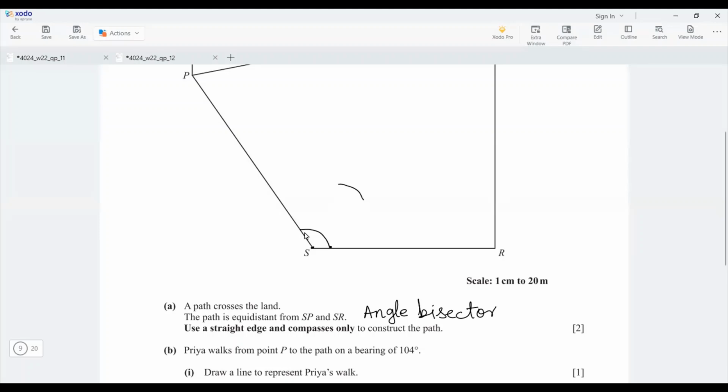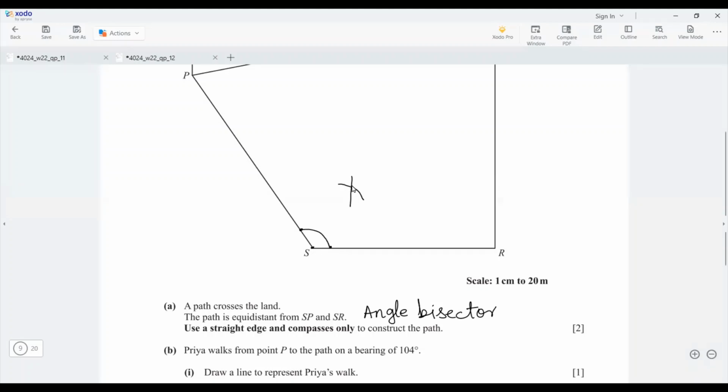The same amount of compass opening needs to be used for drawing the other arc from the other point of that angle. So drawing that here. If you have drawn these types of arcs, we just join this point with this point.